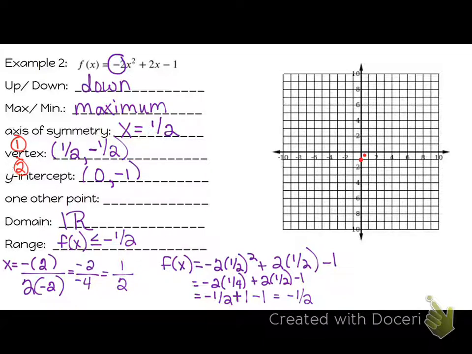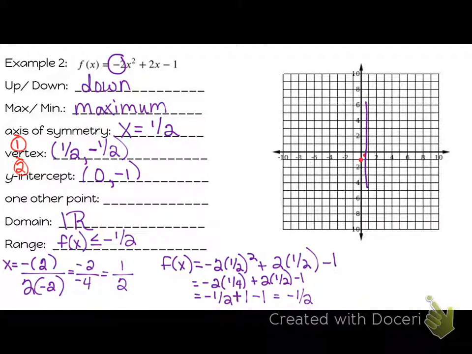Now my one other point is going to be my step 4, finding the symmetry. Which point do I use to find my symmetry? Do I use my vertex or my y-intercept? Your vertex, because the vertex is that axis of symmetry. So I need to plot a point that's symmetrical to that.